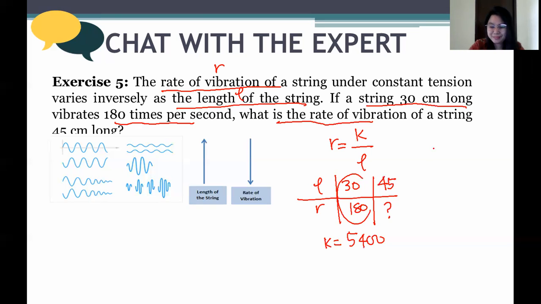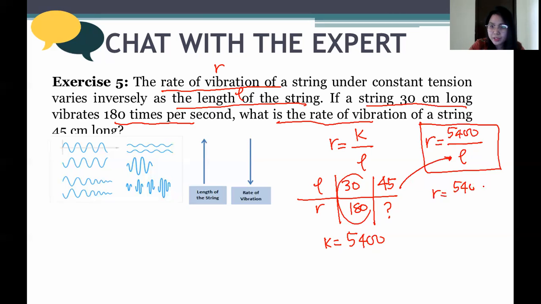Let me use the first method, okay? It's easier for me. So we'll have R, we are looking for R, equals 5,400 over L. This is our equation of variation. Let's substitute 45 to L, the length of the string. So we have R equals 5,400 over 45.